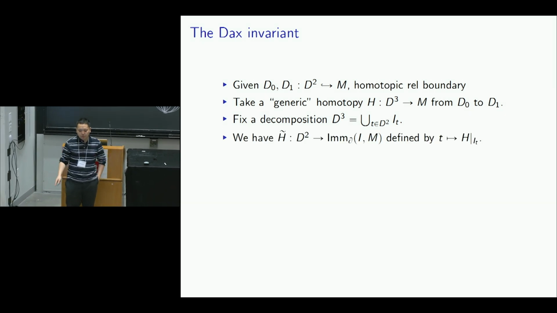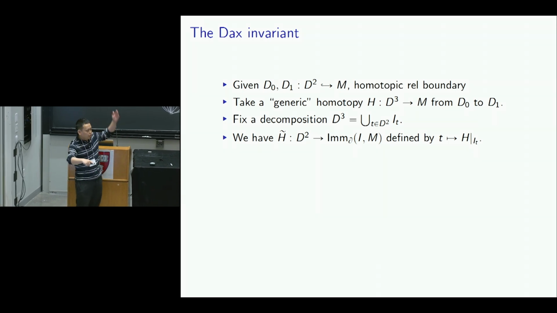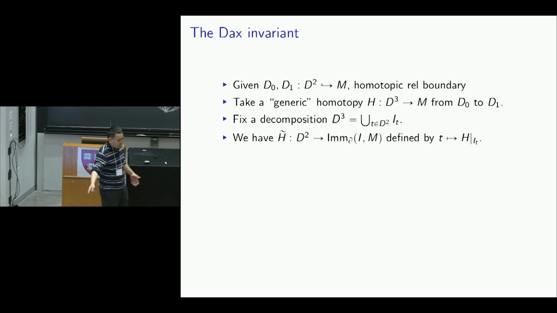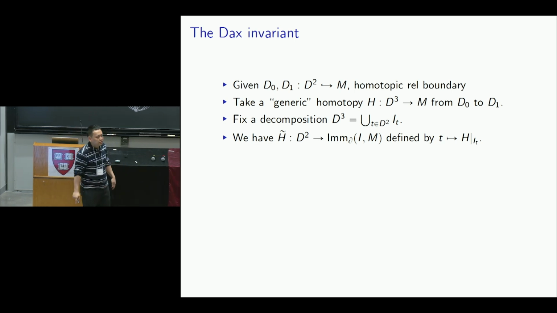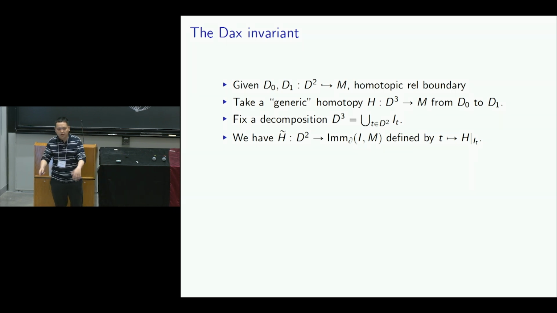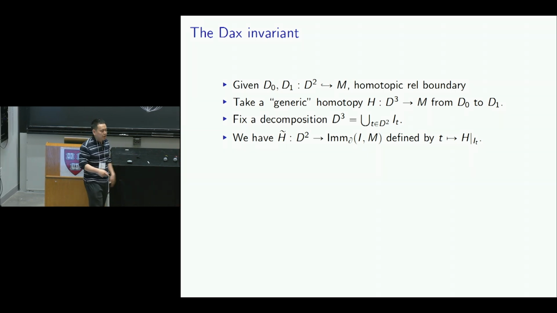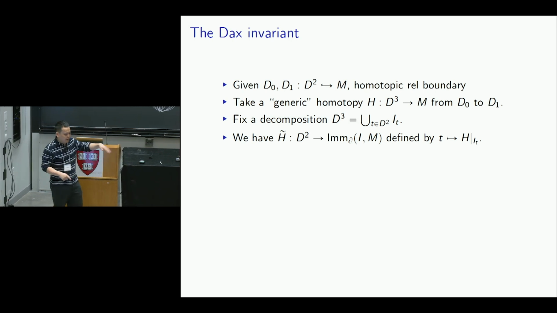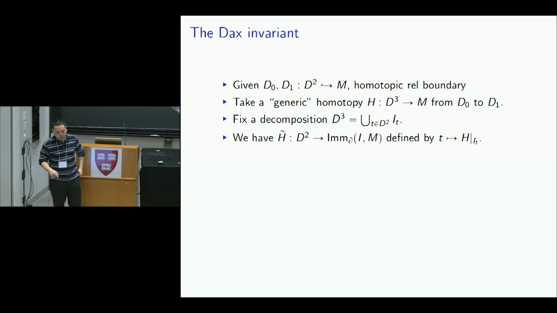Then we can restrict this homotopy to each arc and get a family of immersions parametrized by the two-dimensional disk. Here we can get a family of immersions instead of just a family of continuous or smooth maps because of the Hirsch-Smale theorem, which states that you can perturb this family into a family of immersions, as long as there are no bundle-theoretic obstructions.